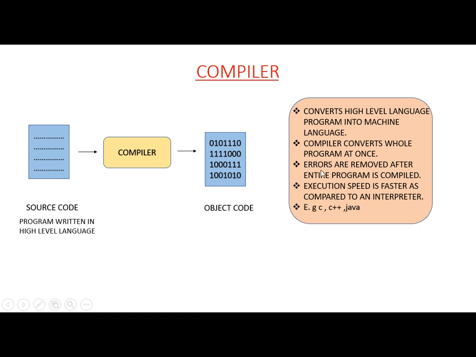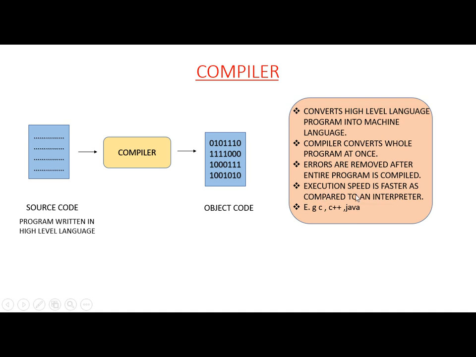Now if any errors are there, they will be removed after the entire program is compiled. The entire program is compiled first, and then errors will be generated. If there are errors in the program, they must be removed by the programmer, and only then will it be converted into object code.